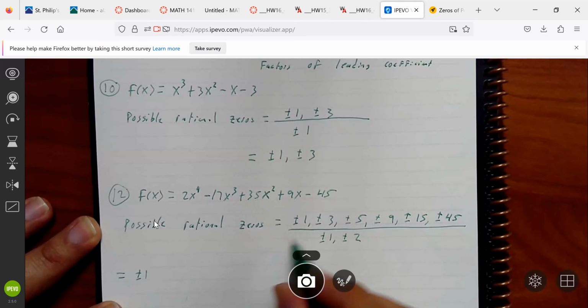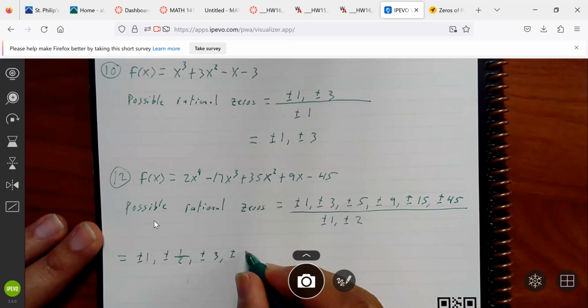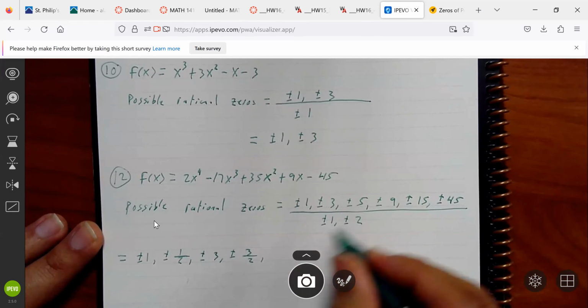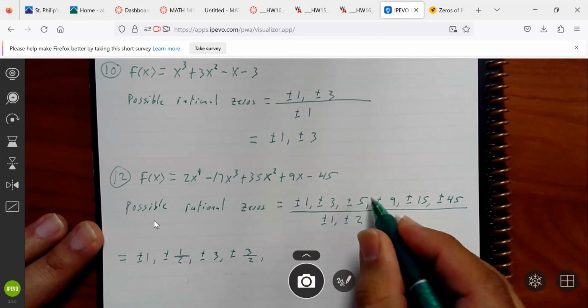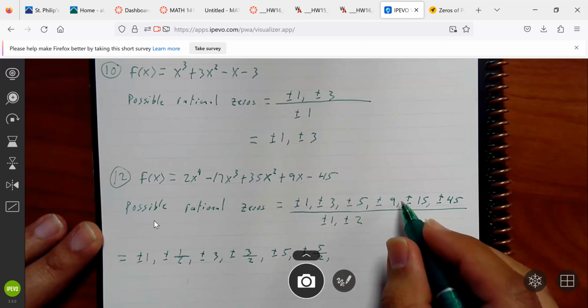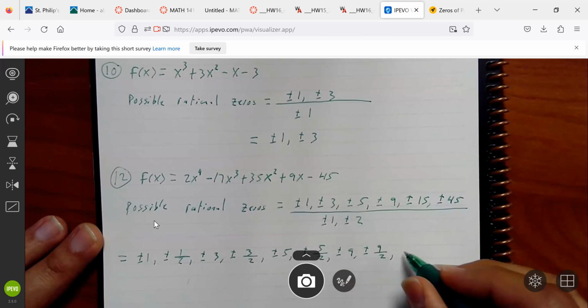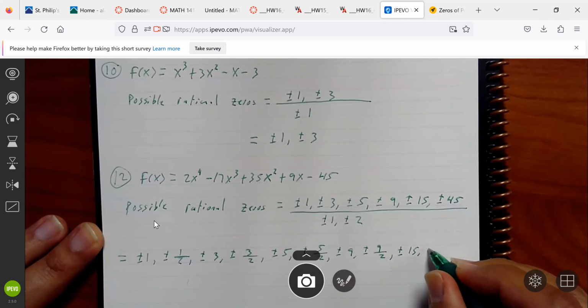Three over 1, which is 3. 3 over 2. 5 over 1, which is just 5. 5 over 2. 9 over 1. 9 over 2. 15 over 1. 15 over 2.